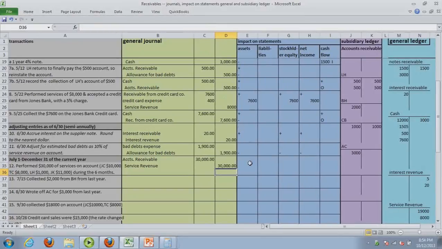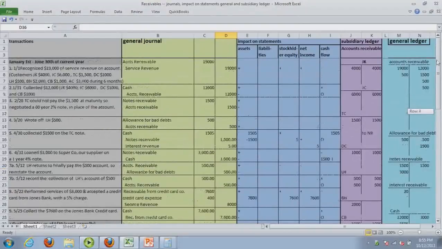Okay, we've done this before. I'm not going to deal with the impact because you already got that documented with the earlier entry. So let's post it to the general ledger. Accounts receivable, that's 30, so we have 30. Hopefully I'm keeping up with that, but who knows? I think I am, maybe.